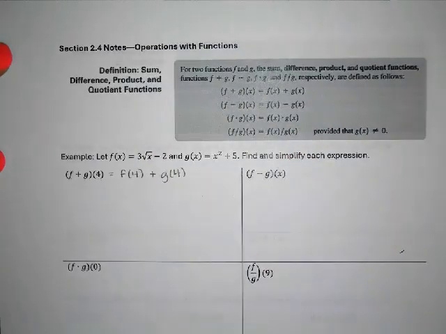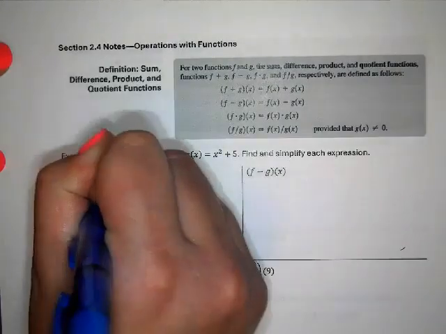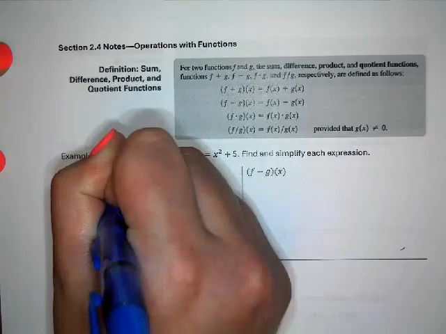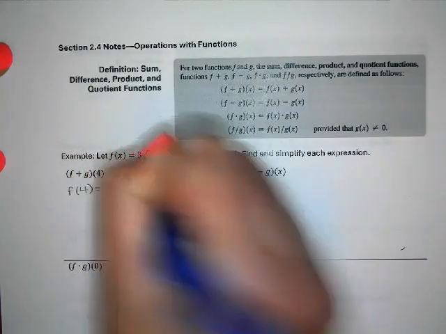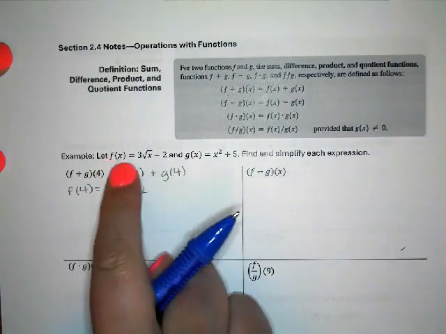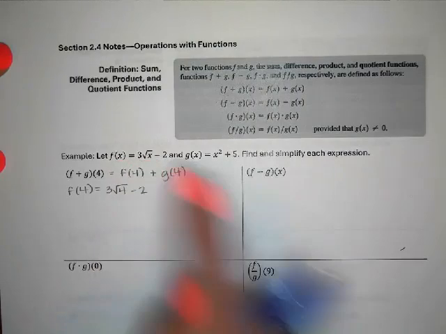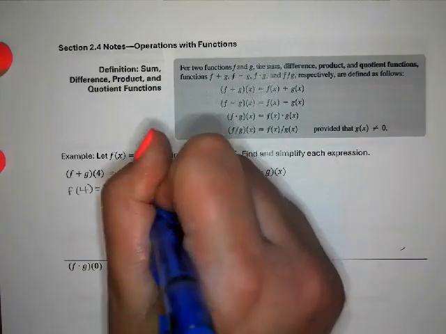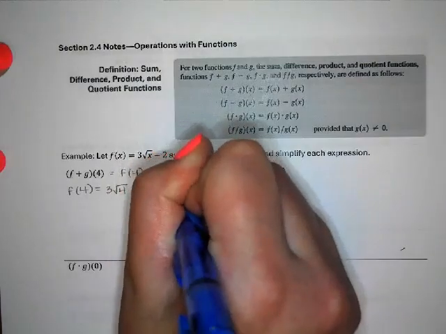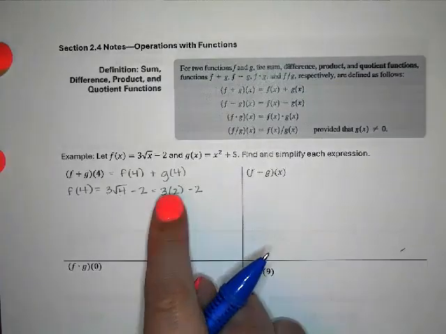add those results together. So f of 4 is 3 square root 4 minus 2. And I didn't just make that up, I'm getting that from the instructions right here. So f of x is this function, so I plugged in 4. 3 times the square root of 4 is 3 times 2. 3 times 2 is 6.